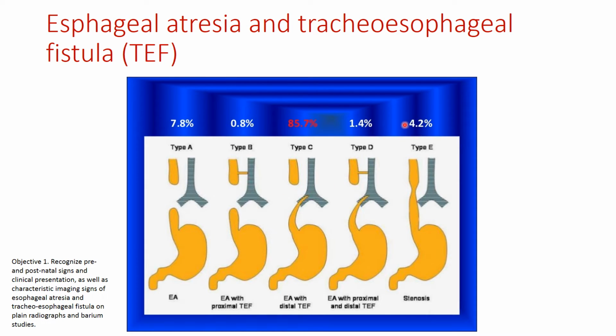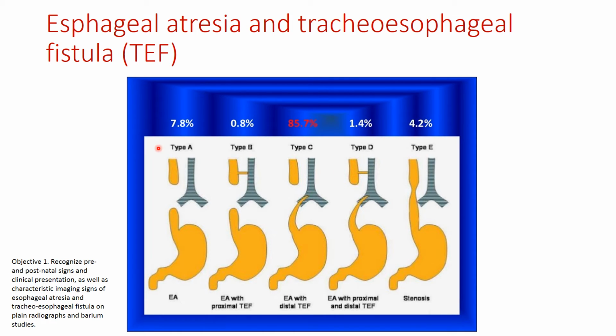We're not really going to consider this type E too much. That's just esophageal stenosis. Esophageal stenosis can be due to a number of things in addition to a congenital stenosis, but they present a little bit differently. So what we're going to be more concerned with is type A through type D.